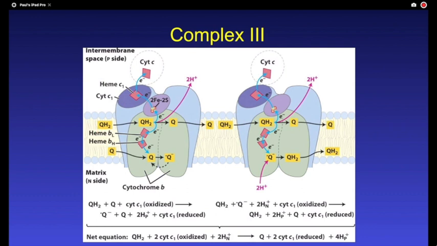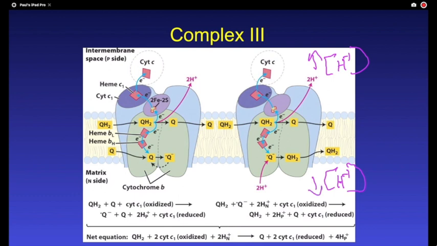Okay? As this process occurs, for the 2 electrons to flow through, we get protons pumped from one side of the membrane to the other. That's important. But there's also another part of the gradient that is created. Remember, a gradient means the concentration of H has to be high here, and the concentration of protons there has to be low.